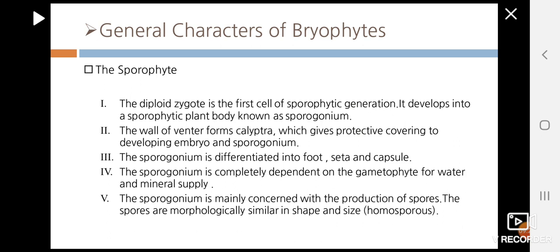So this means that Marchantia shows physiological heterospory. Although morphologically they are similar, their behavior is different.